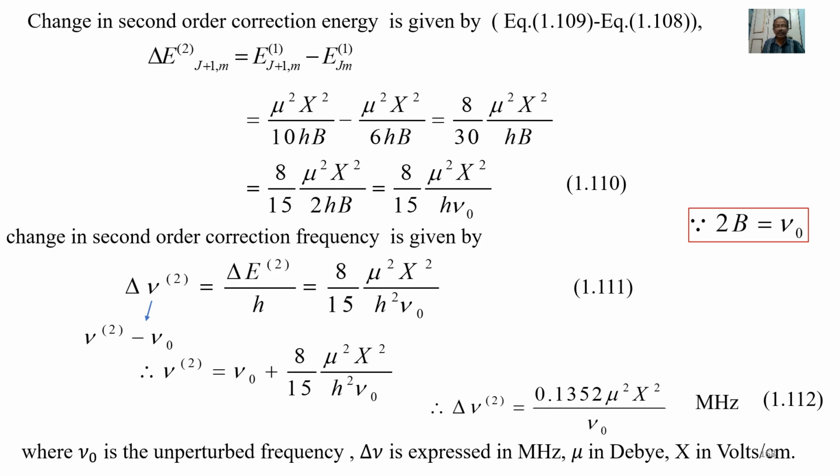So taking all these things into account will give us 0.1352 mu squared x squared divided by mu naught. So the change in second order correction frequency is given as 0.1352 mu squared x squared divided by mu naught in terms of megahertz. Here mu is expressed in terms of dB and x is expressed in terms of volt per centimeter.